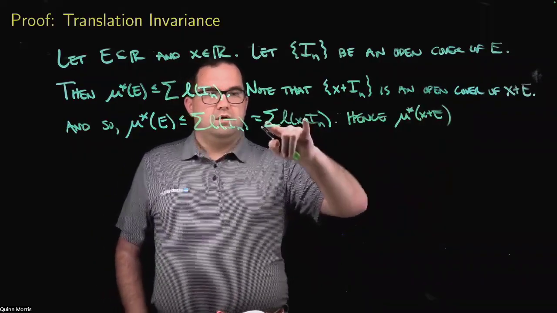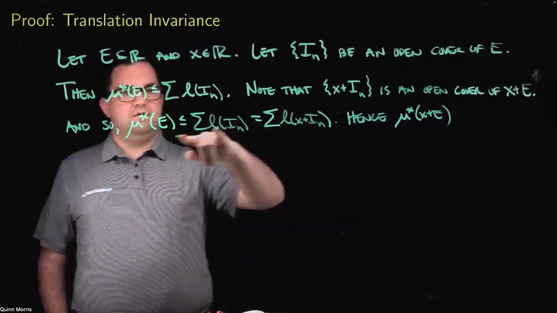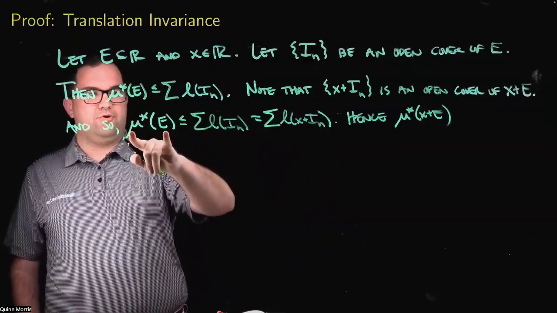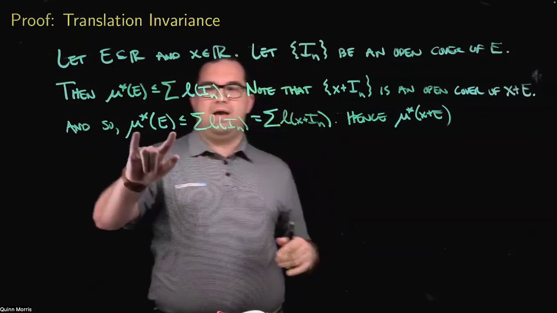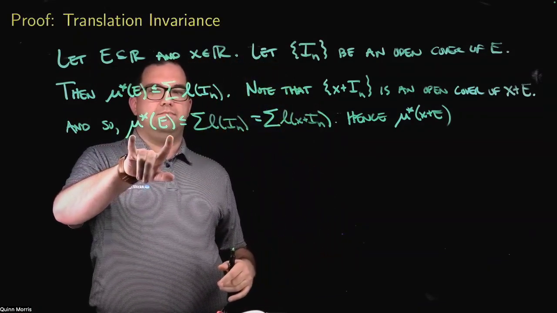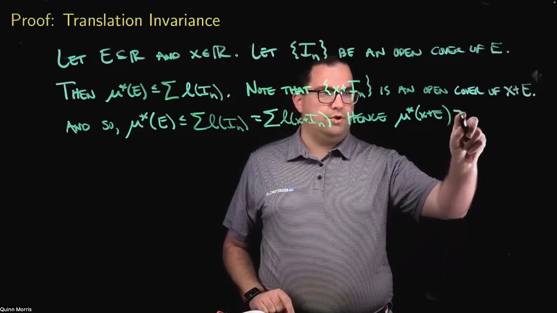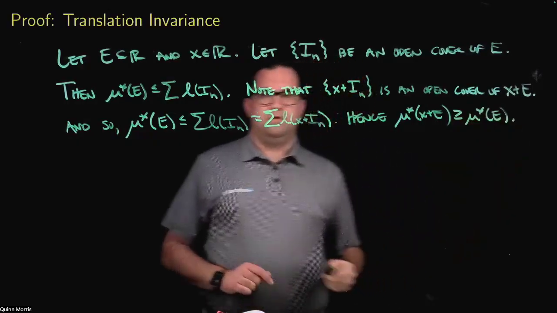But for any particular open cover, this is greater than or equal to the outer measure of E. So the things that you're taking the infimum of are all bounded below by mu star of E. And so this must be greater than or equal to mu star of E.